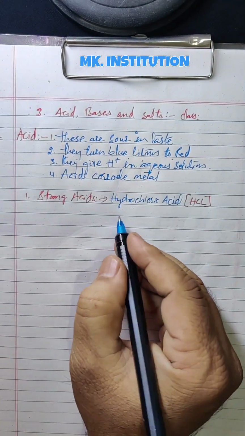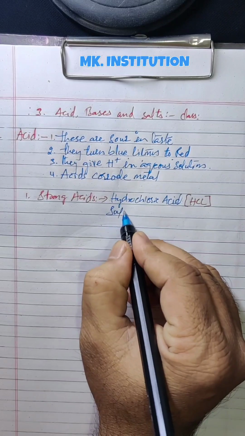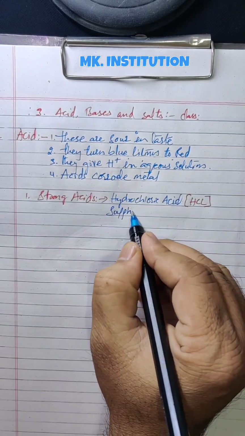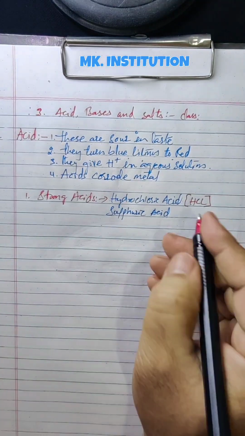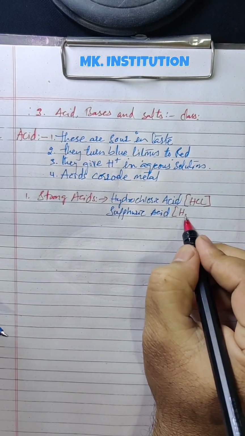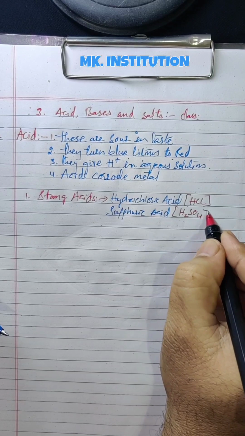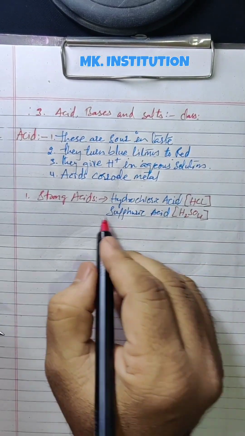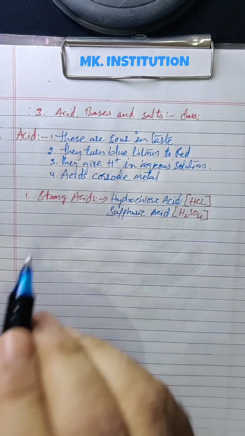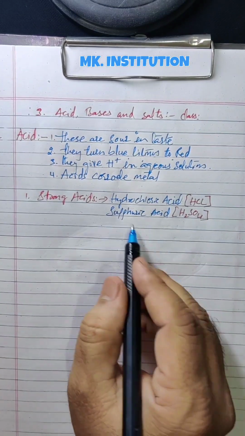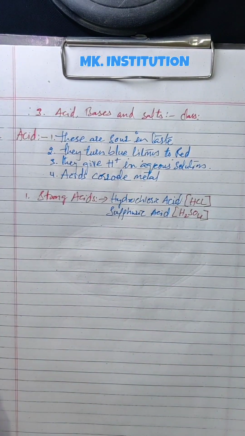And the second one is sulfuric acid, formula H2SO4. These are the strong acids. Moreover, sulfuric acid is called the king of the acids. Among all the acids, sulfuric acid is very, very strong.